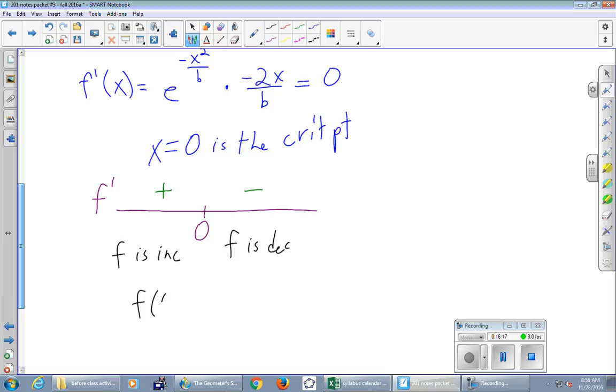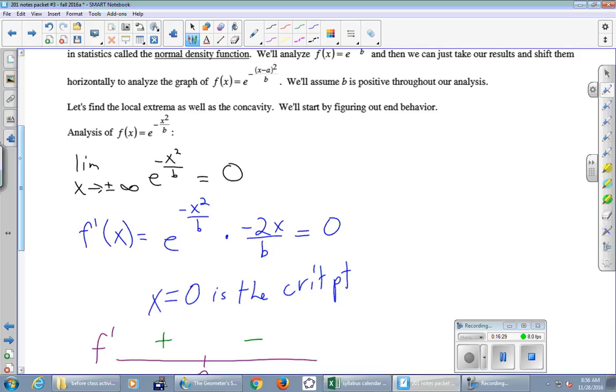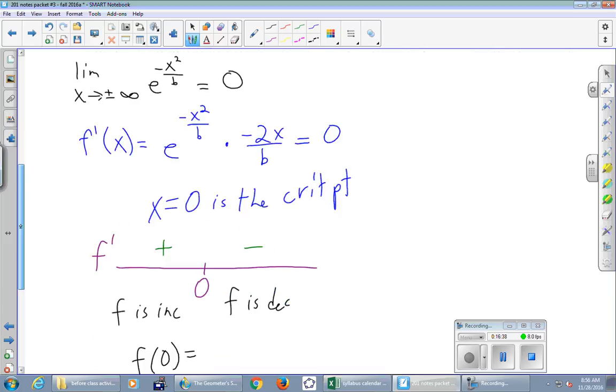Feels like we should also know what f of 0 is so we can actually plot that point. So what do we get when we plug 0 into f? E to the -0 squared over b. That whole power is what number? 0. So e to the 0 is 1.